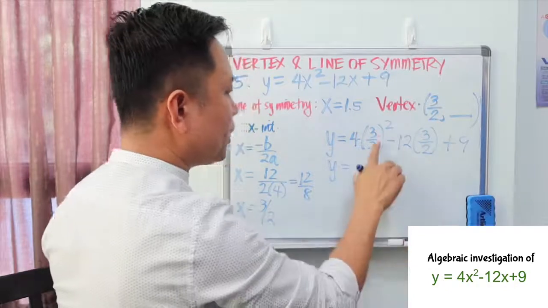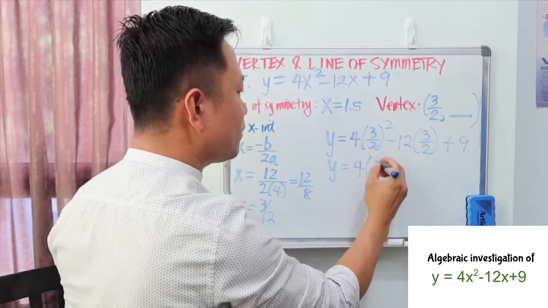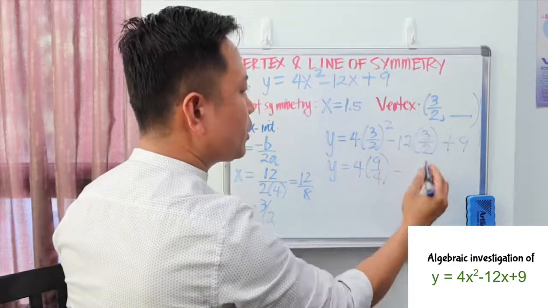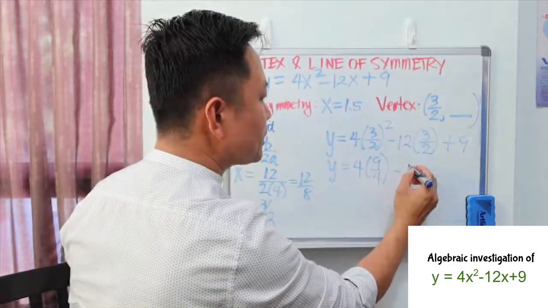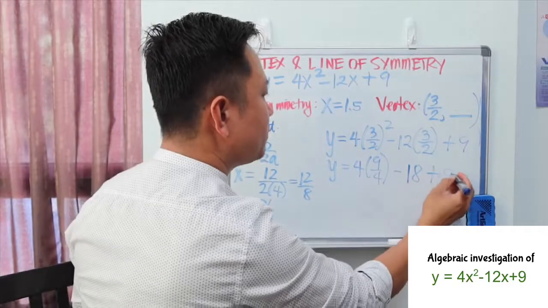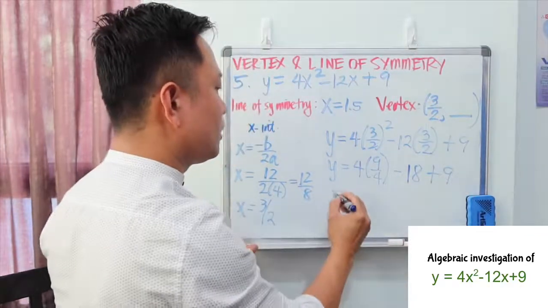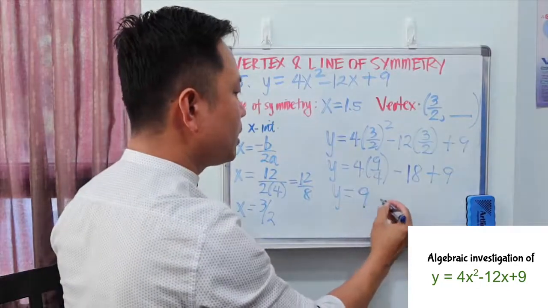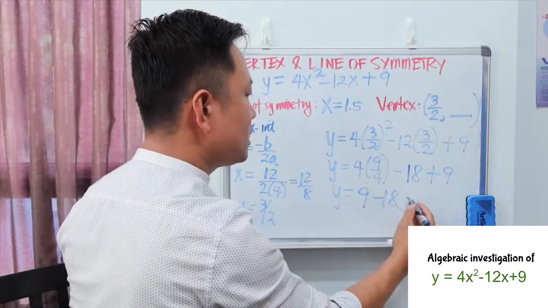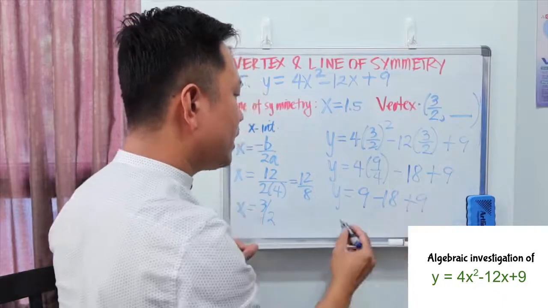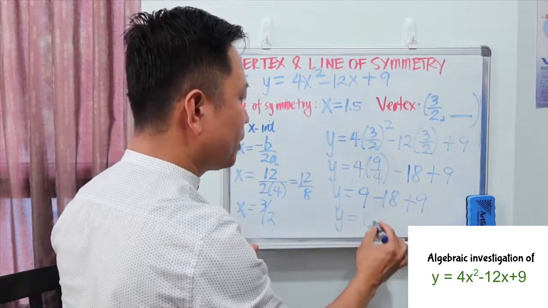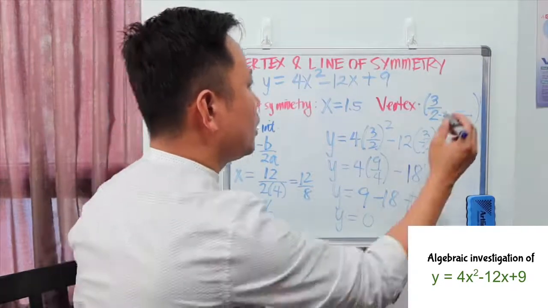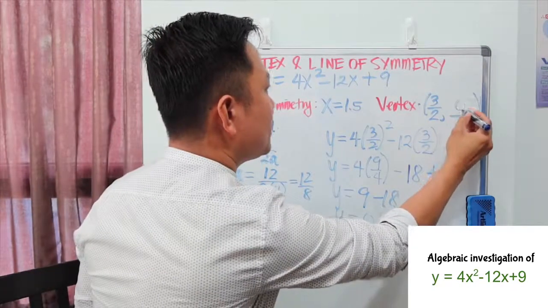Simplifying this further, 3 squared is 9 over 4, so we have 9 over 4, minus 12 times 3 is 36, divided by 2 is 18, and then we have plus 9. Multiplying 4 times 9 fourths, that's 9, minus 18, plus 9, and that gives us 0. So the quadratic function will have a vertex of 3 over 2, comma 0.